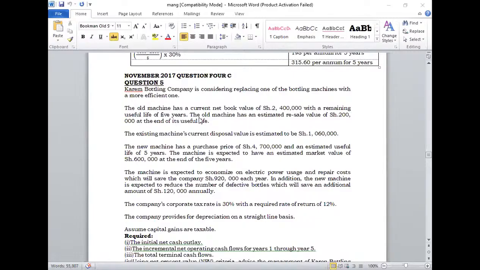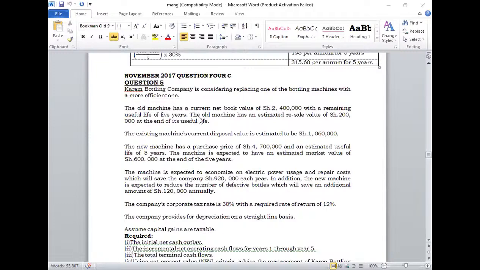The existing machine's current disposal value is estimated to be 60,000. The new machine has a purchase price of 4.7 million and an estimated useful life of 5 years. The machine is expected to have an estimated market value of 600,000 at the end of the 5 years.